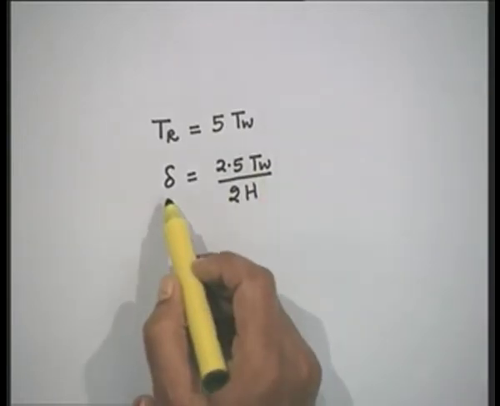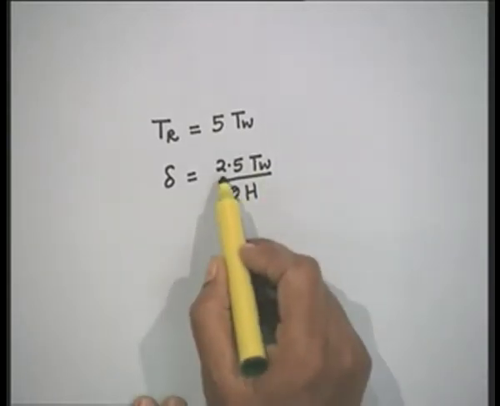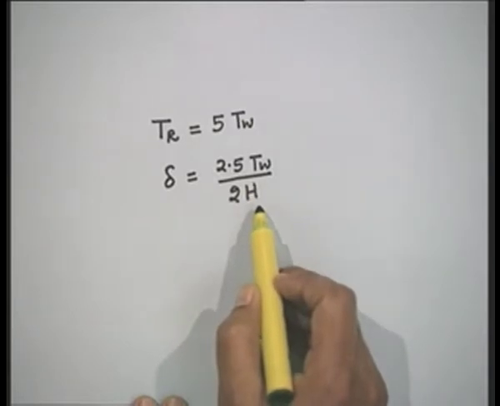Similarly, this temporary droop is 2.5 TW divided by 2H.